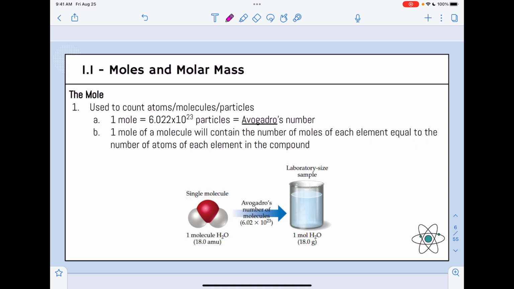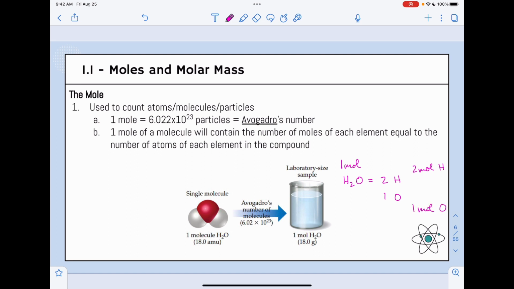Because every 1 water has 2 hydrogen and 1 oxygen, in 1 mole of water, we have 2 moles of hydrogen atoms and 1 mole of oxygen atoms.